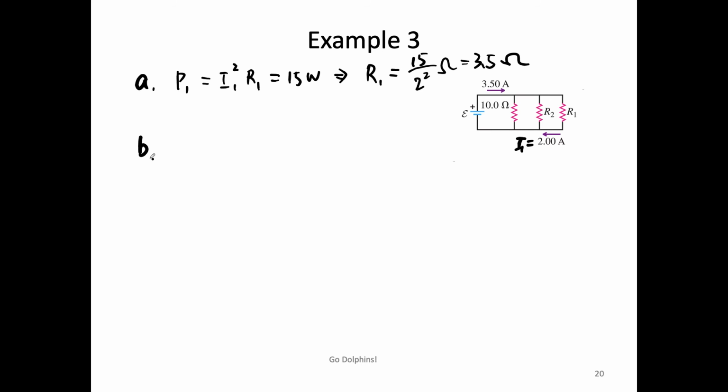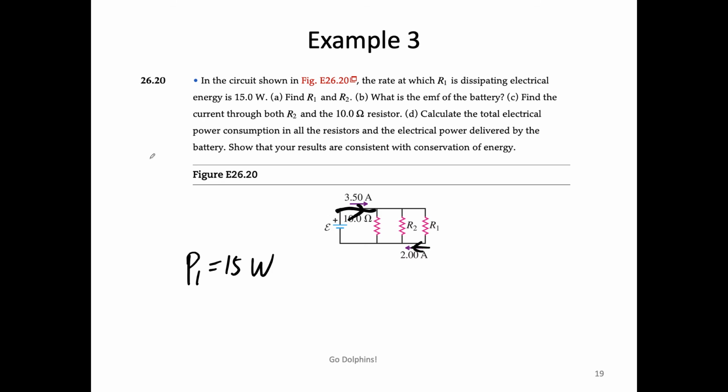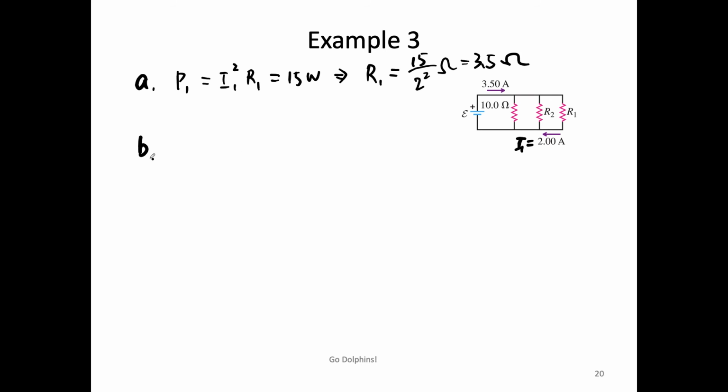We want to find out the EMF. Okay, I think we can do that, right? So this is epsilon. And this point and this point are at equal potential. So epsilon should equal V1 equals I1 R1, Ohm's law.